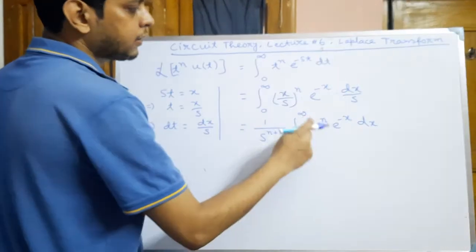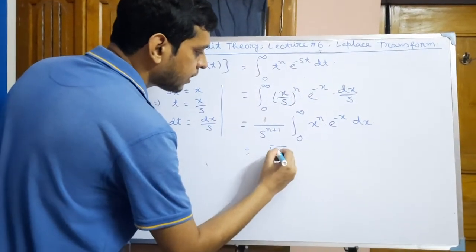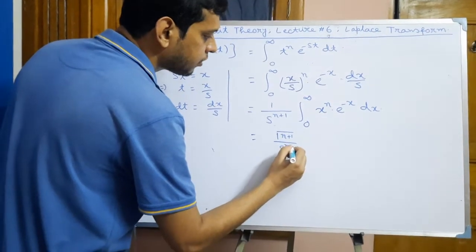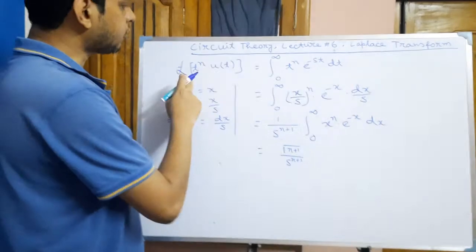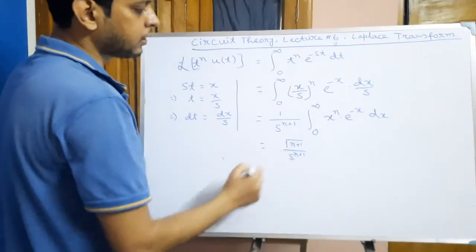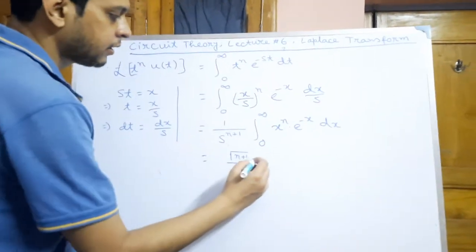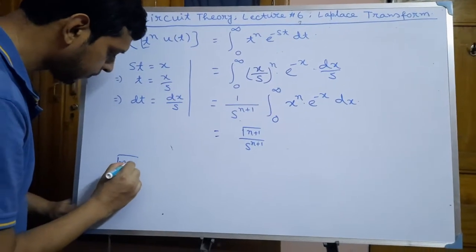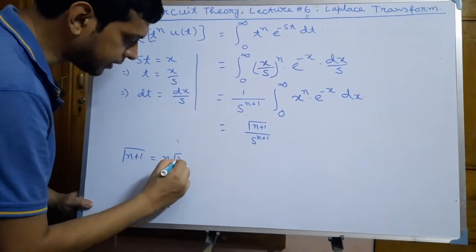And we all know that this integration represents gamma n plus 1. So the result of the integration will equal gamma n plus 1 by s to the power n plus 1. Now gamma n plus 1 means n gamma n.